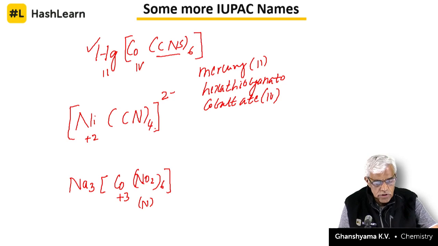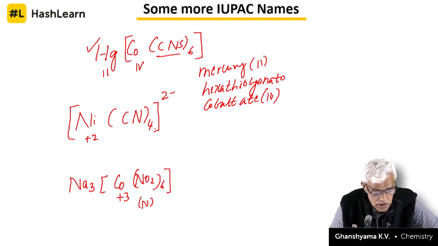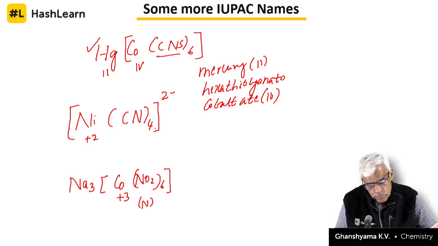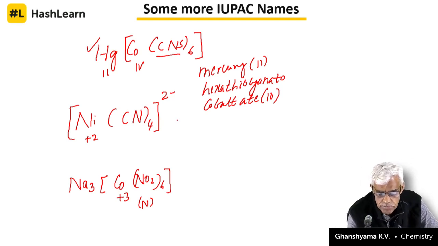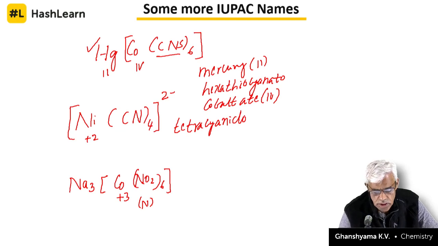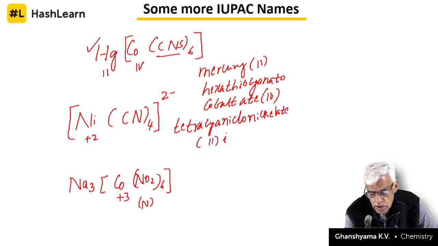Ni(CN)4 2 minus. Here the oxidation state of nickel is 2. It's an anionic complex. Therefore, the IUPAC name should be tetracyanide nickelate 2 ion.